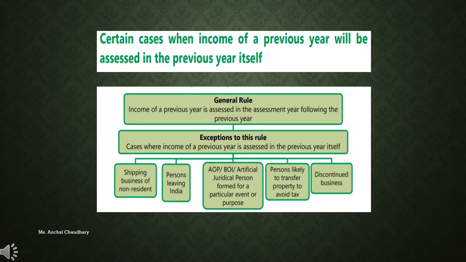Next is persons likely to transfer property to avoid tax.